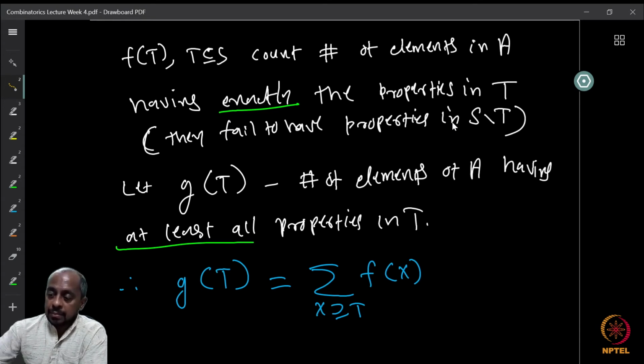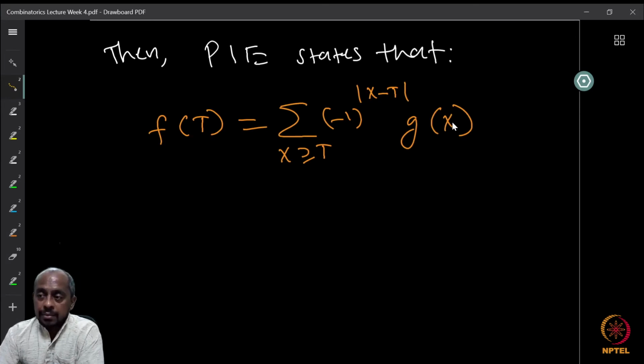Okay. So what the principle of inclusion-exclusion states is the following: f of T is equal to the summation over all x containing T of minus 1 raised to the cardinality of x minus T, times G of x. Now we did not state it precisely in this form, but you can see some similarity, and if you work out the details, you can verify that this indeed expresses the principle of inclusion and exclusion.